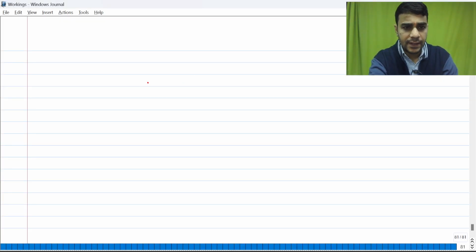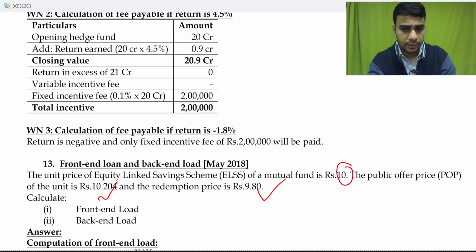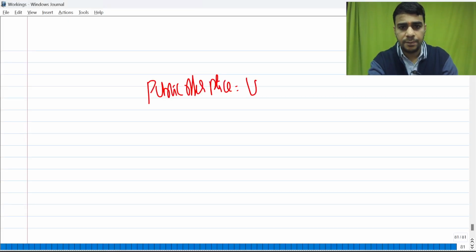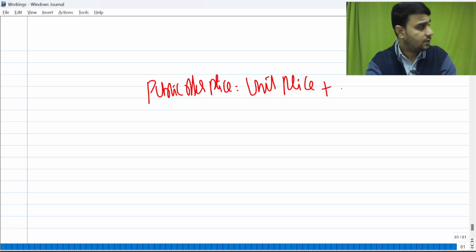Public offer price is equal to unit price plus front end load.